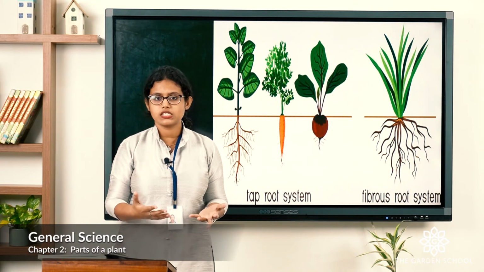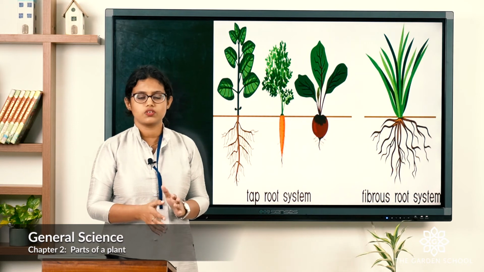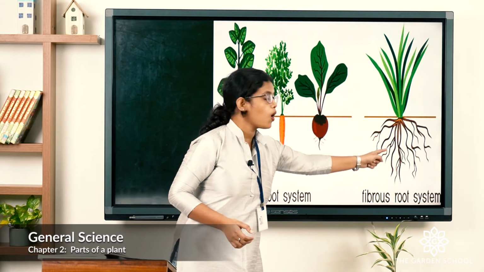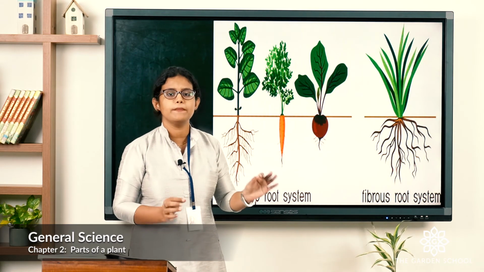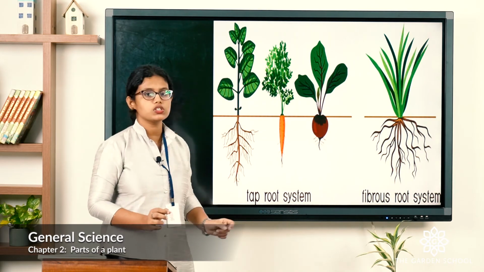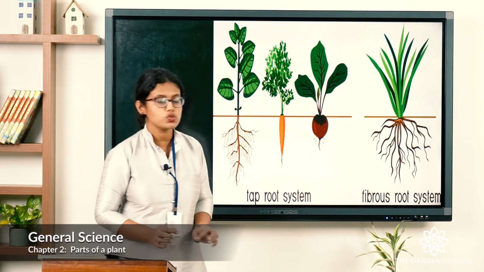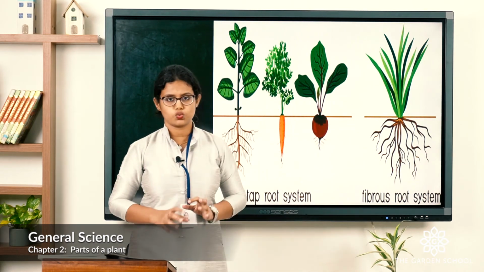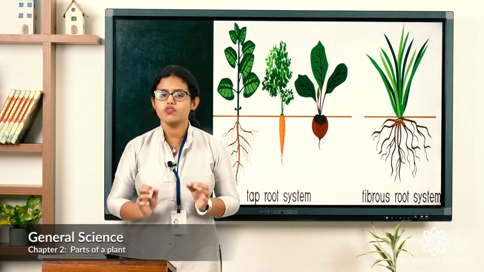Wheat, maize, grass, all these plants have fibrous root. It means they have no main root. They have thin roots coming from the base of the plant. But in case of taproot, they have a main root from which thin roots are coming. In fibrous root, there is no main root. So that is about the different kinds of root.